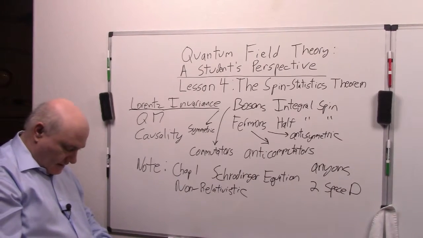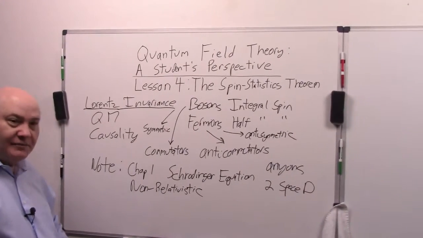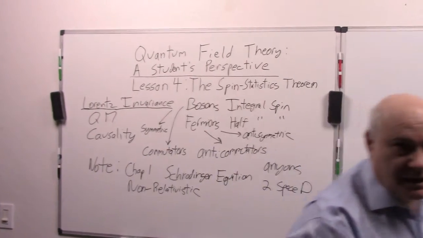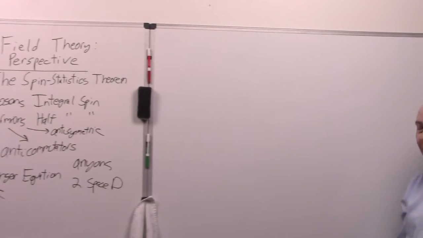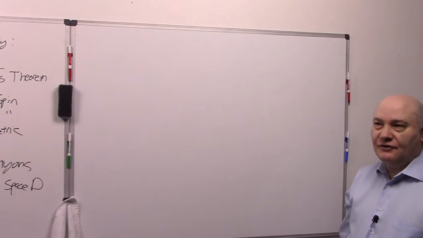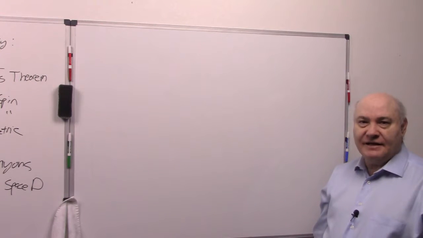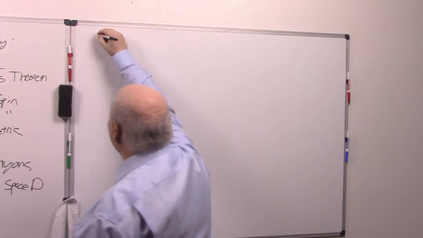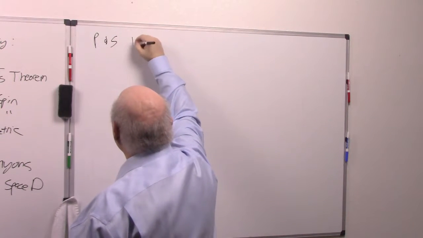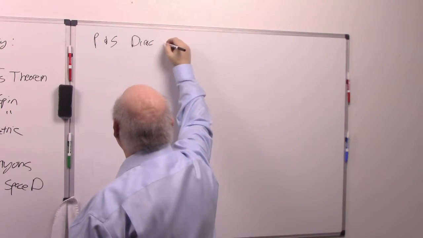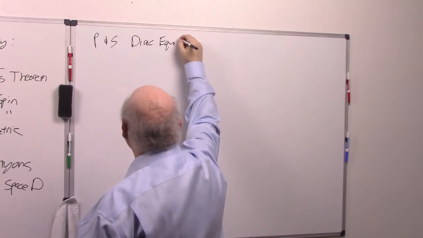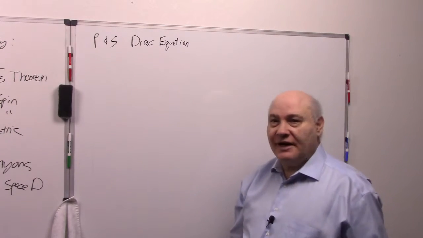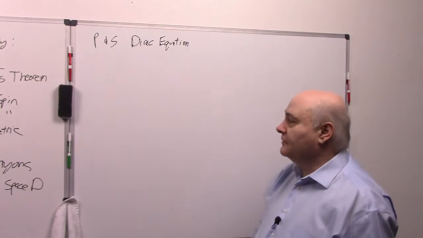Now, most textbooks, when they treat the subject of spin statistics, reach this problem where they're doing the Dirac equation, like Peskin and Schroeder. When they do the Dirac equation, which we haven't gotten to yet, we'll get to later, they try to use commutators, and then they derive an inconsistency.